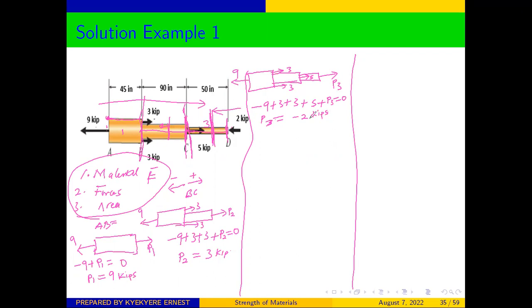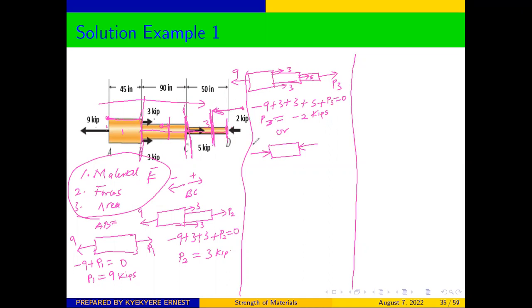Good. You can also decide to take it from the right, since we have 2 free ends. So even in that case, if you decide to take the third section from the right, from B up to that point, you are also going to get your free body diagram like this. You have 2 going this way, and the other one will be in the opposite direction.